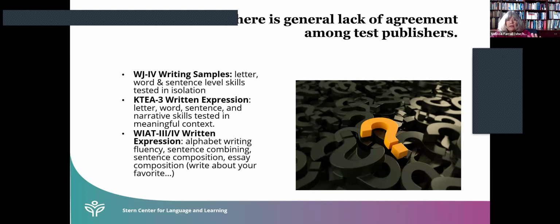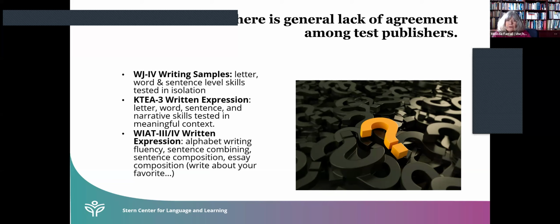So all of these smaller tasks are done in the context of a story that is read to the kids as they work. All right, so here we get an opportunity to demonstrate some letter skills, some word skills, some sentence level skills, and even some summary skills, all in the context of a story.